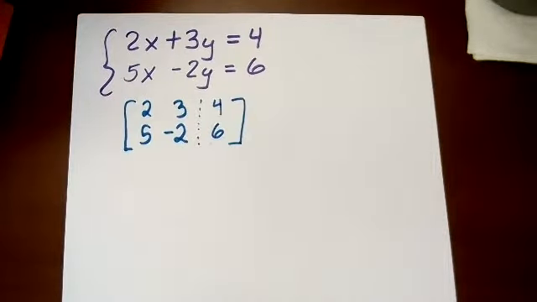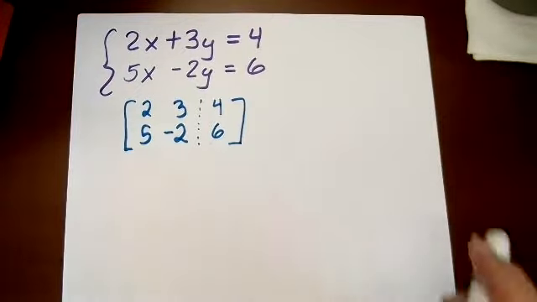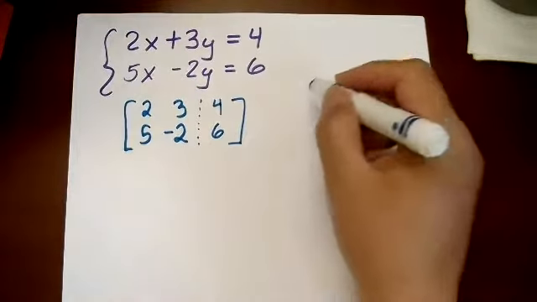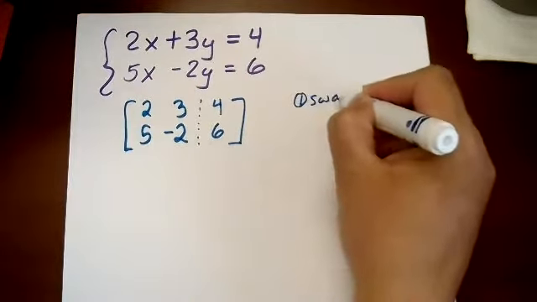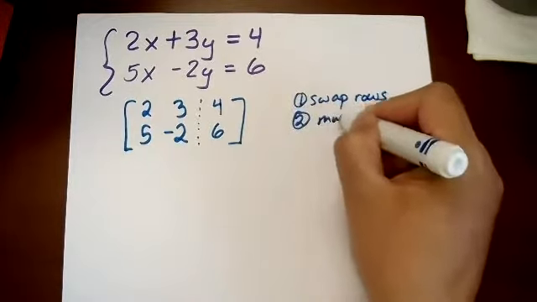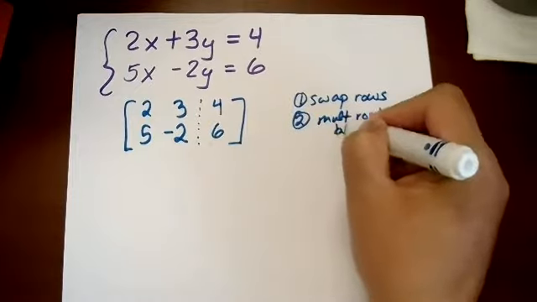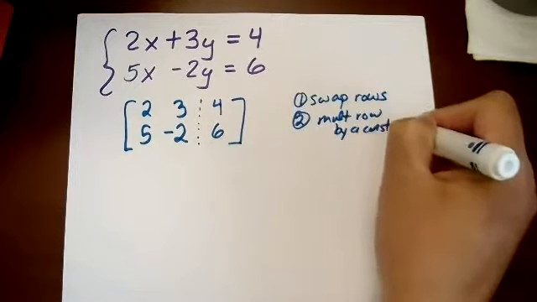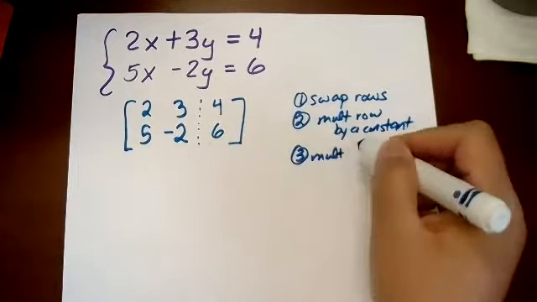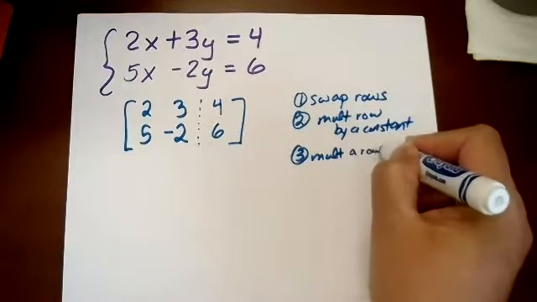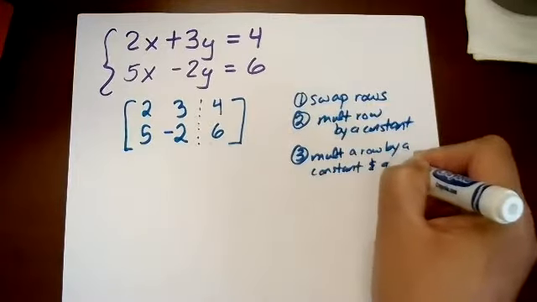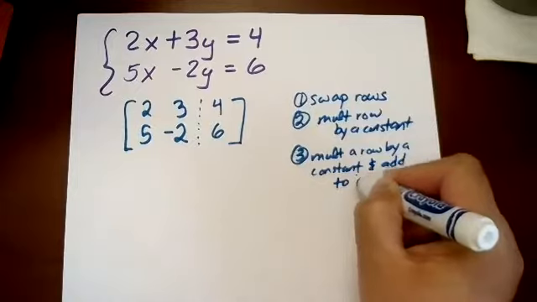Now remember, there are three things that we can do, three what are called row operations. The three row operations are: we can swap rows, we can multiply a row by a constant, or the third one, we can multiply a row by a constant and add to another row.